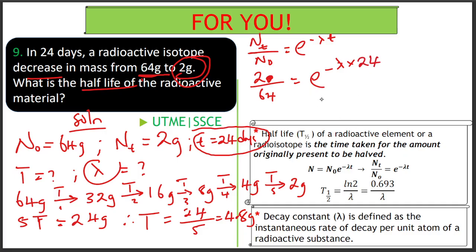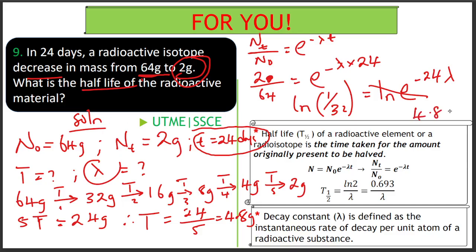What will you do next? You take the ln of both sides. ln of 2 over 64 is the same thing as 1 over 32. You take the ln of this one, minus 24 lambda. Remember this will cancel, then you bring this down. Now, if you solve correctly, you should get the same thing, 4.8.